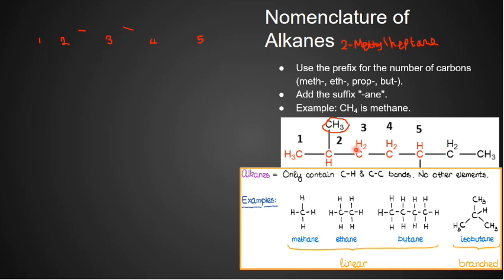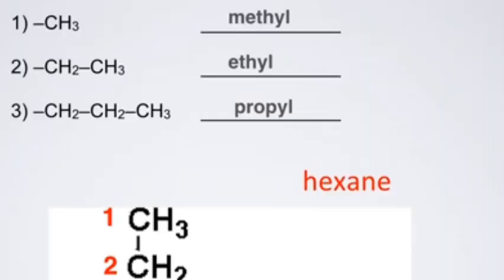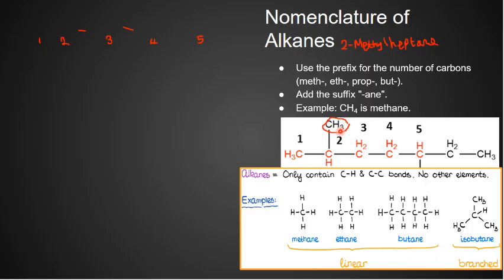Now for you to name this compound, you first of all look at the substituent group attached. What is the name of this substituent group? Can you respond? Methyl. So you also check what position the methyl is at. It is at position 2. Now for me to start my naming, I can say 2-methyl.